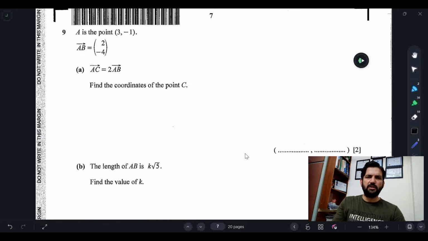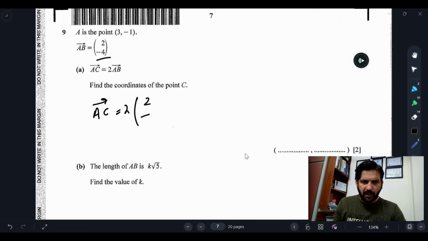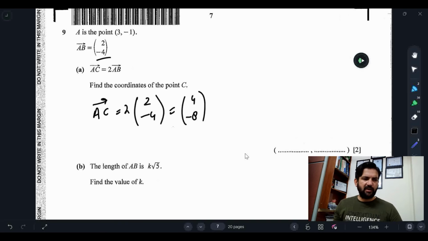Let's move to question number 9. In question number 9 we have to find AC. So vector AC will be equal to 2 times vector AB. Now vector AB is (2, minus 4). We multiply both the x coordinate and the y coordinate, so AC will be equal to (4, minus 8).